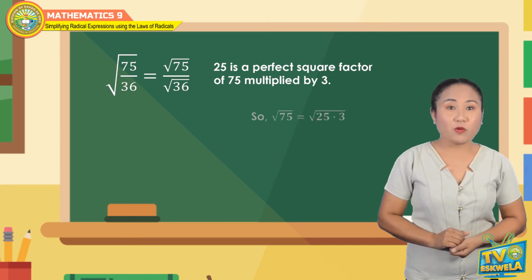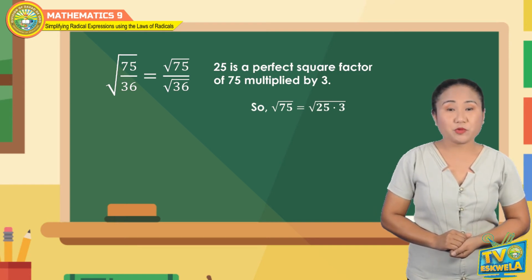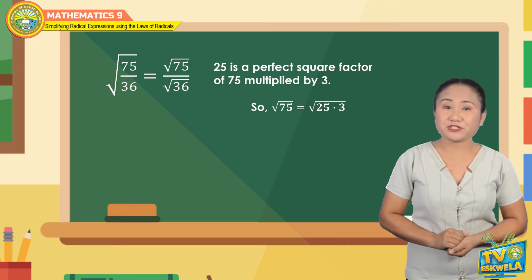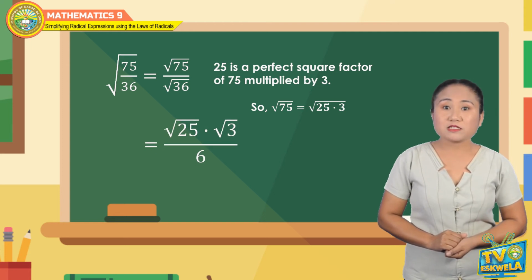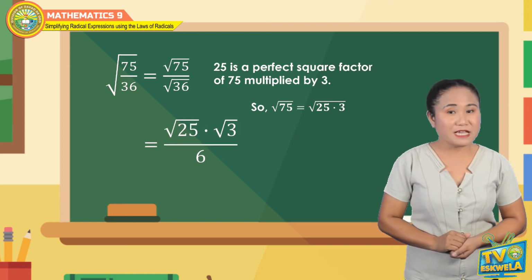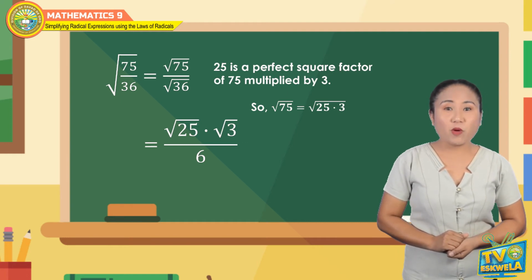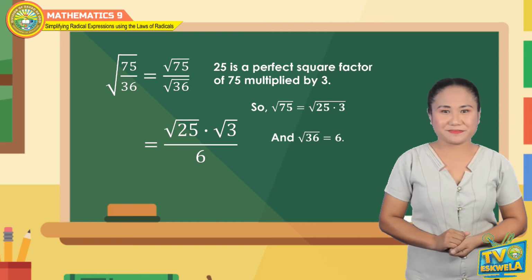So, square root of 75 equals square root of 25 times 3, or by the multiplication law of radicals, is equal to square root of 25 times square root of 3, and square root of 36 equals 6.